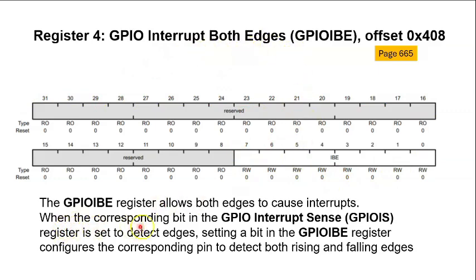So when the corresponding bit in the GPIO interrupt sense, or GPIO IS, register is set to detect edges, setting a bit in the GPIO IBE register, which is this one here, configures the corresponding pin to detect both rising and falling edges.